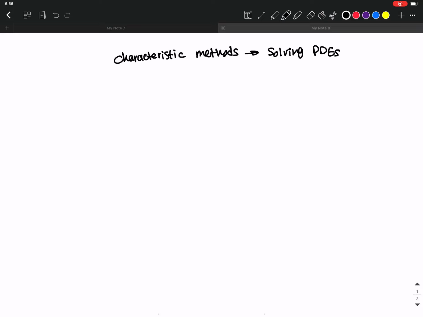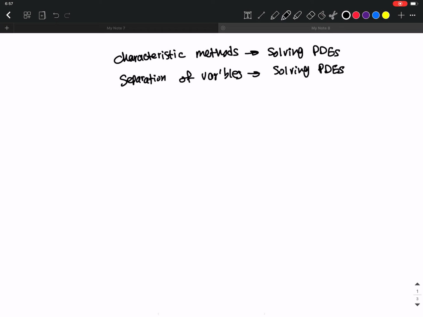Another way that we're going to talk about for solving PDEs is separation of variables. This is another method for solving PDEs. Okay, so two techniques for analytically solving partial differential equations.